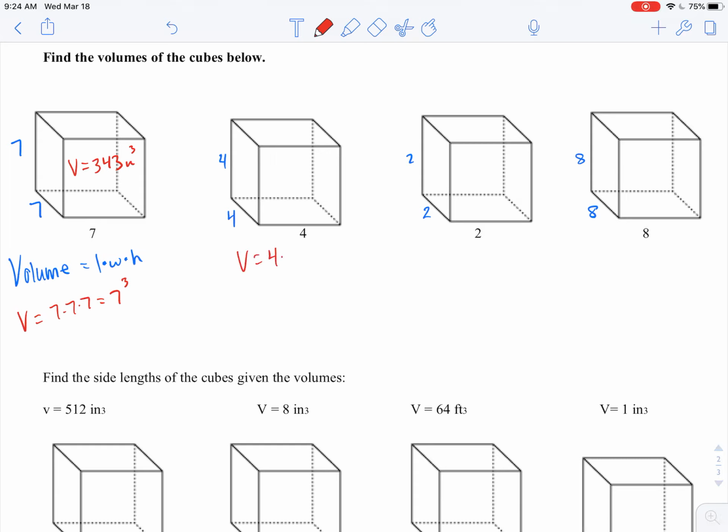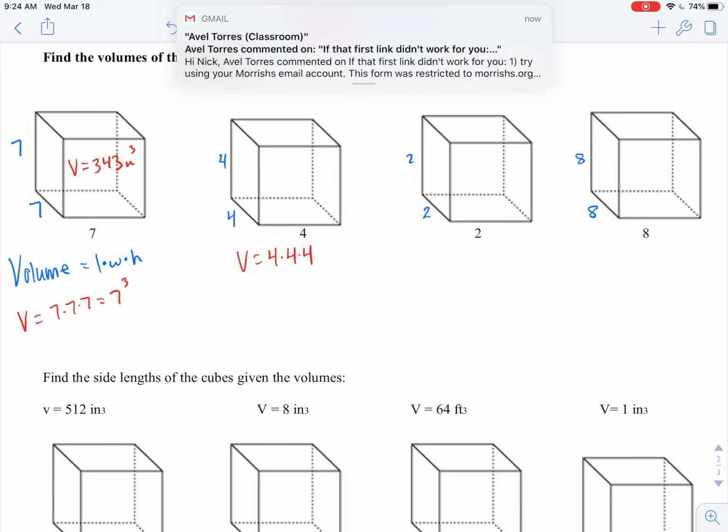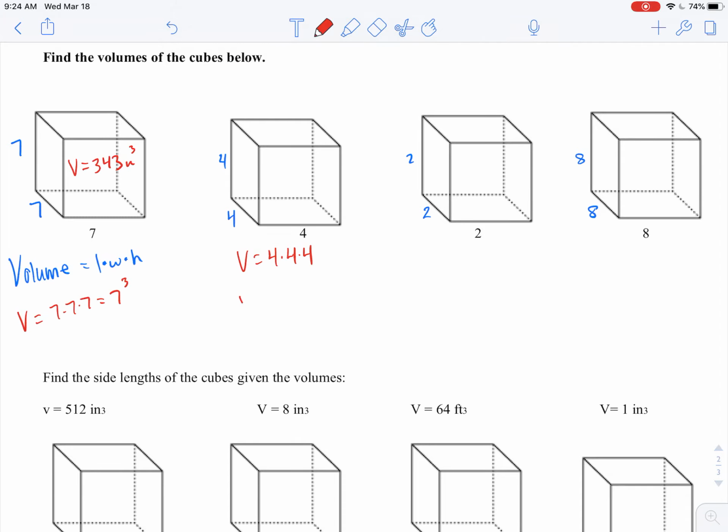Same here, our volume is length times width times height. Volume is 4 cubed, 64 units cubed. Why don't you guys try the last two here, pause the video, try the last two problems, and then check in, see how it went.